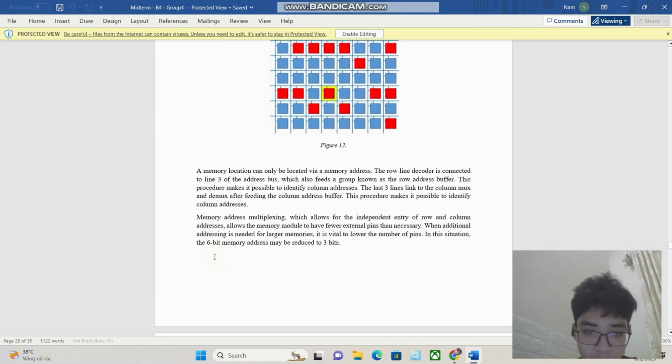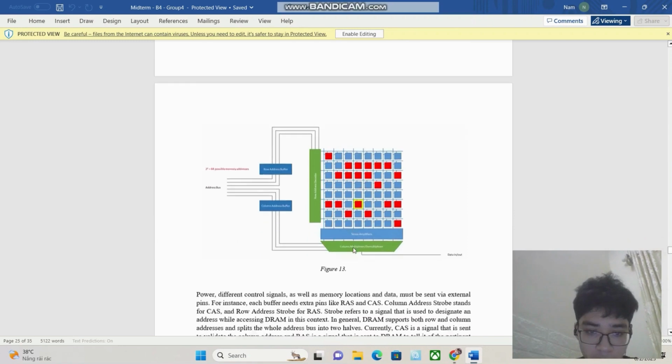Memory address multiplexing, which allows for the independent entry of row and column addresses, allows the memory module to have fewer external pins than necessary when additional addressing is needed for larger memories. It is vital to lower the number of pins. In this situation, the 6-bit memory address may be reduced to 3 bits.